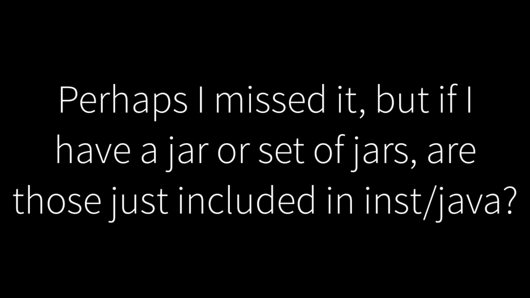Extending a bit on your question, there are other more advanced use cases where you would want to include your own jars. So suppose that either your company or you as a data scientist find that there's a really interesting library written in Java or Scala and is provided as a jar. One of the things that you could also use with Sparklyr and Spark Compile would be to include this custom jar in the inst Java directory.